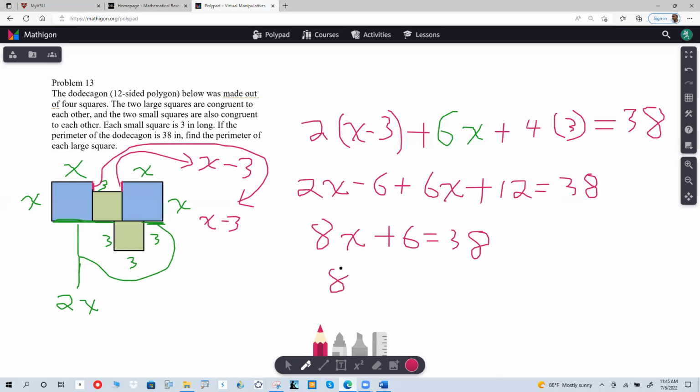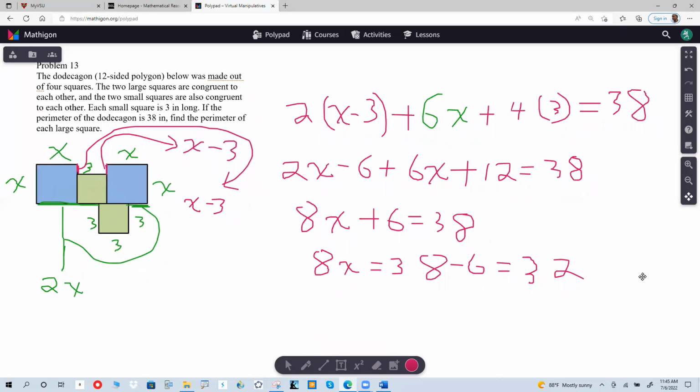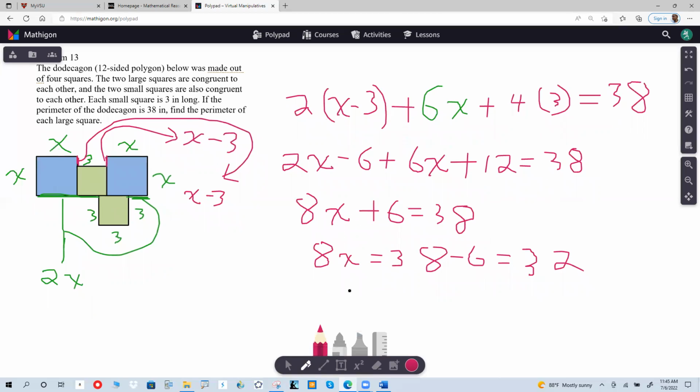Subtract 6 from both sides and you get 32. So what's the value of X? You divide both sides by 8. X is 4 inches. Each side of the blue square is 4 inches.